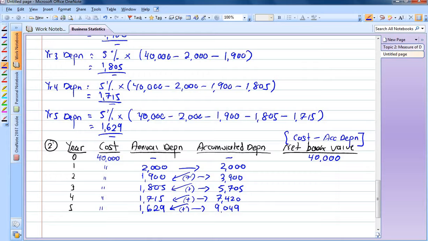Same thing, you take your cost minus your accumulated depreciation. First one you will get 38,000. Then 36,100.